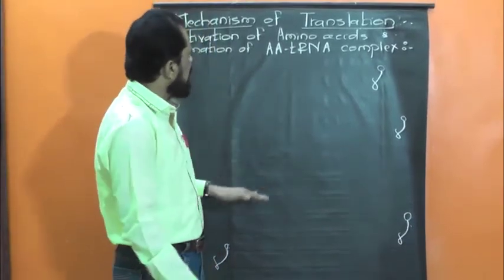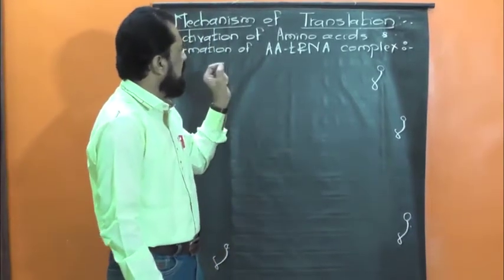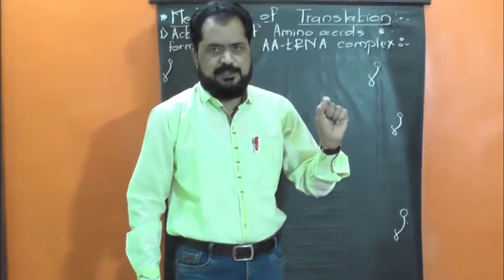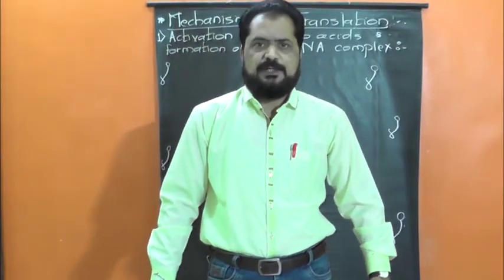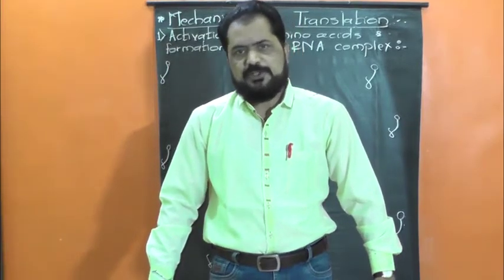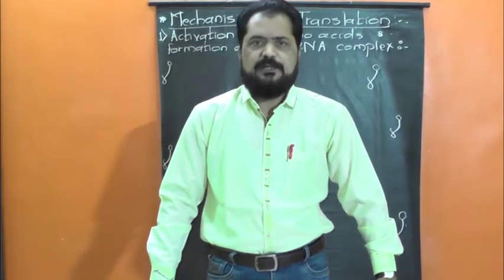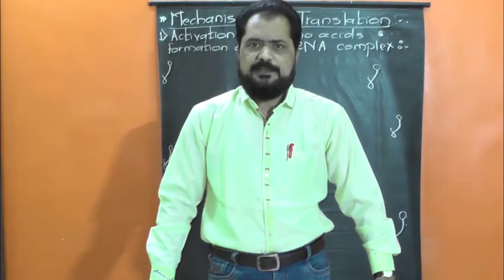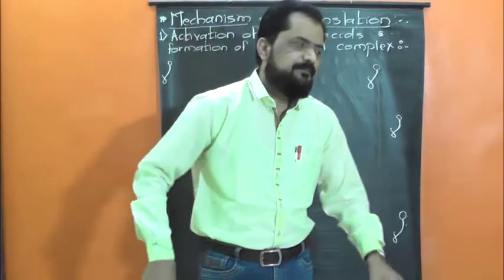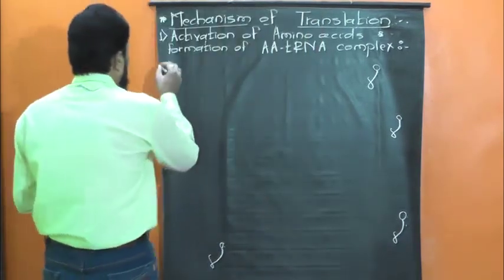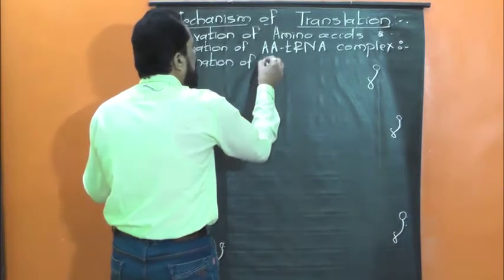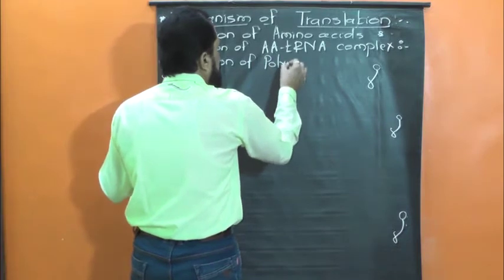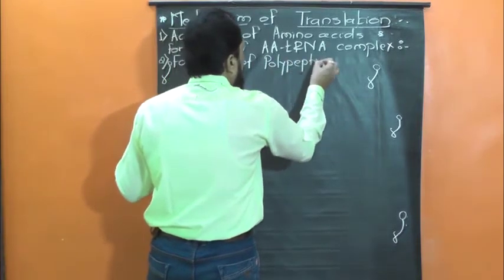This is the first major step in the mechanism of translation: the activation of amino acids and formation of the AA-tRNA complex. Now come to the second step, that is formation of the polypeptide chain.